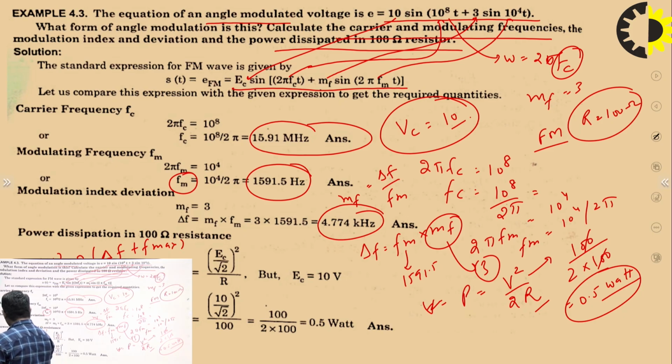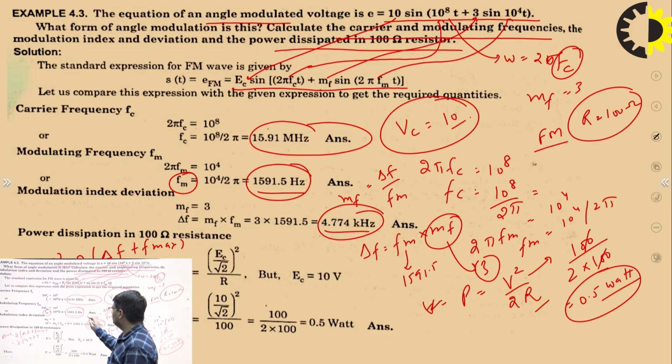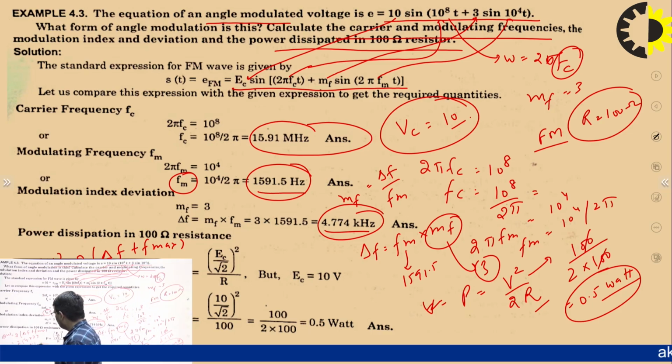So we can calculate 2 into delta f, where delta f is 4.774, plus fm, which is 1591.5. So we can easily calculate the bandwidth for this FM system.